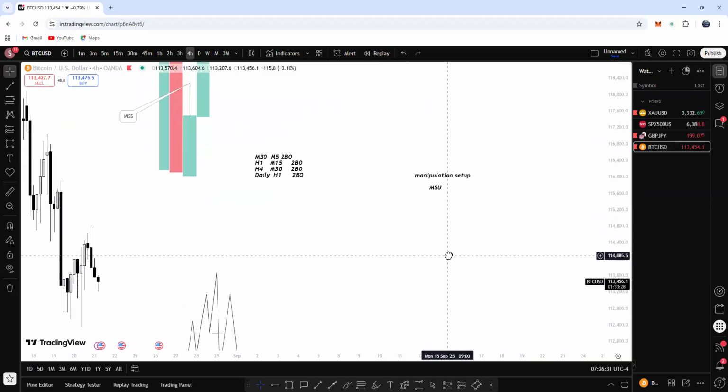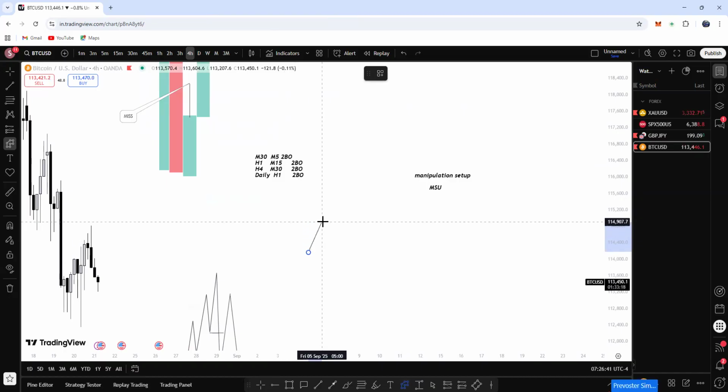So what do we mean by manipulation setup, guys? It's a process where the market takes the high, okay, two opposite direction before finally moving in its intended direction.